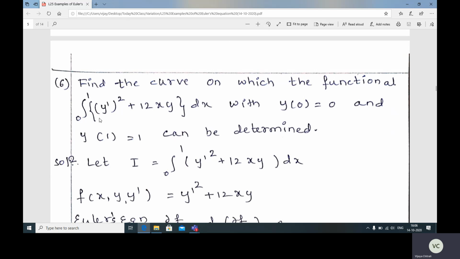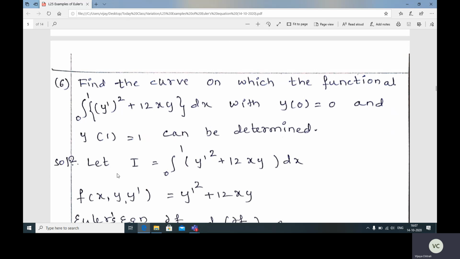F of x, y, y dash is given, and the conditions y of 0 equal to 0 and y of 1 equal to 1. So using these two, find the arbitrary constants and substitute them in the general solution. So we will get a particular solution, right?